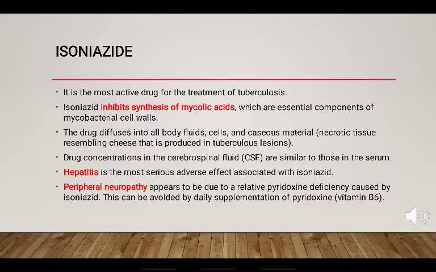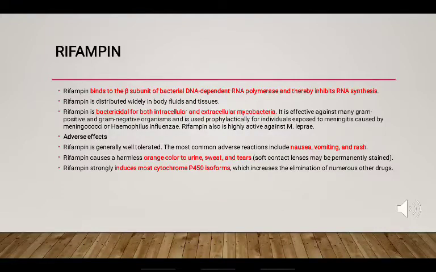But they found that the peripheral neuropathy that is caused by isoniazid as a side effect is due to the deficiency of pyridoxine. So if you provide the patient with pyridoxine, which is a vitamin B6 supplement, daily, then you can avoid the development of this side effect, the peripheral neuropathy.